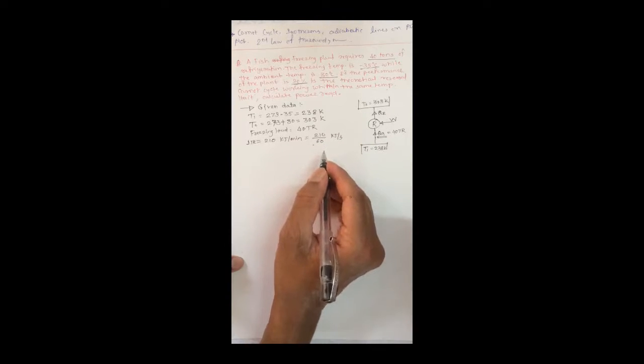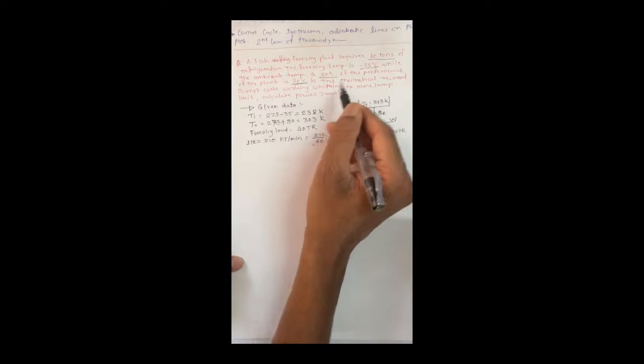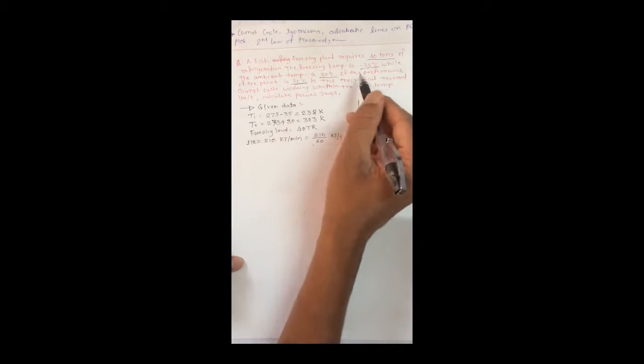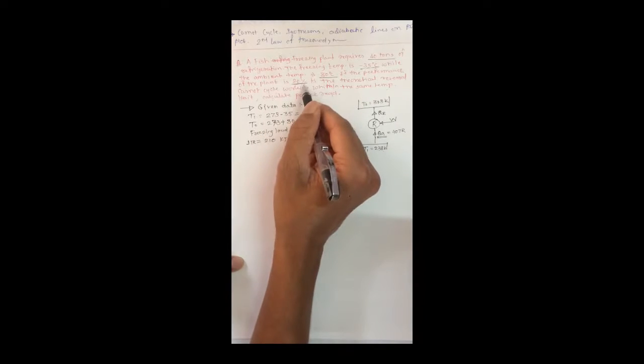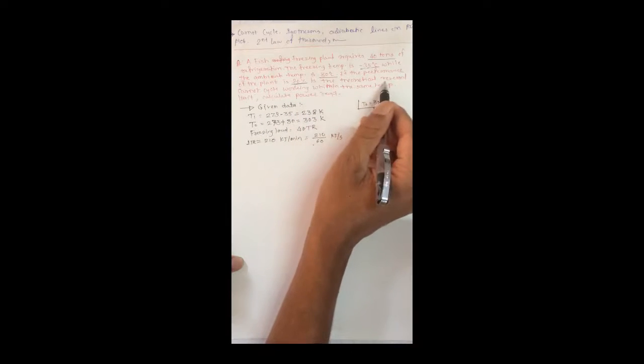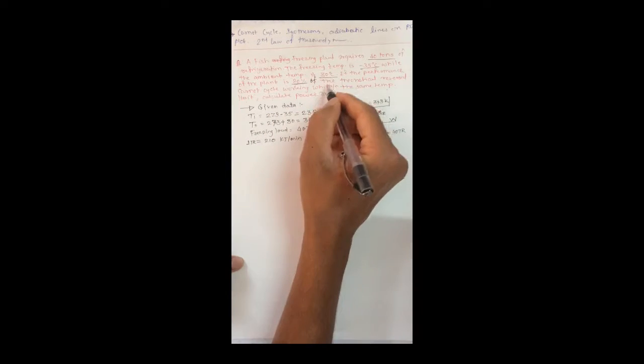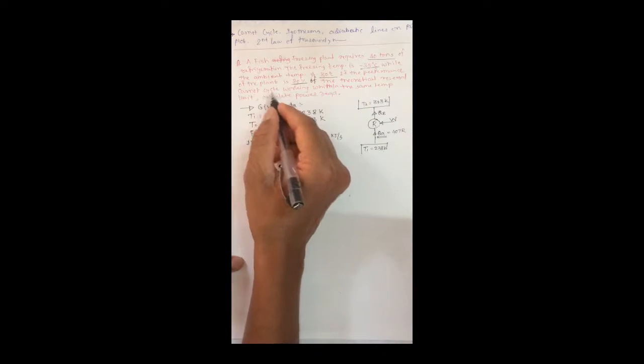After that, they give one condition: the performance of the plant is 20% of the theoretical reverse Carnot cycle.